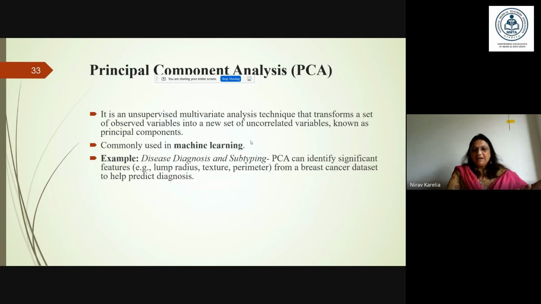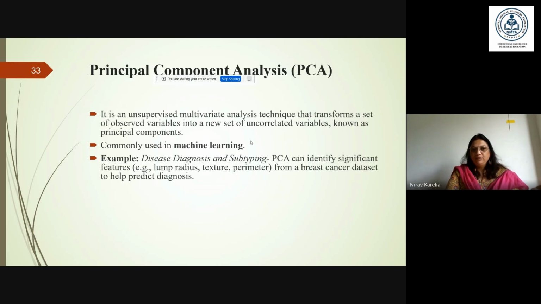Now you feed the data. Suppose my patient's lump radius is this, texture is this, perimeter is this, genetics is this. So what are the chances that the person has breast cancer? This is mainly used to model that.